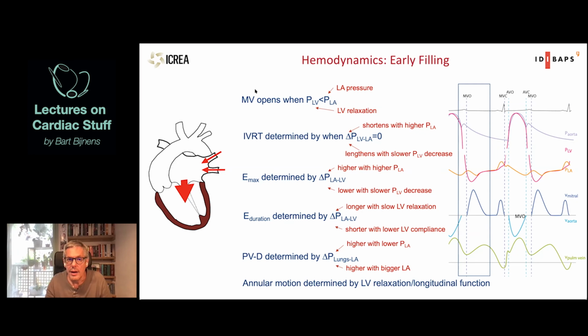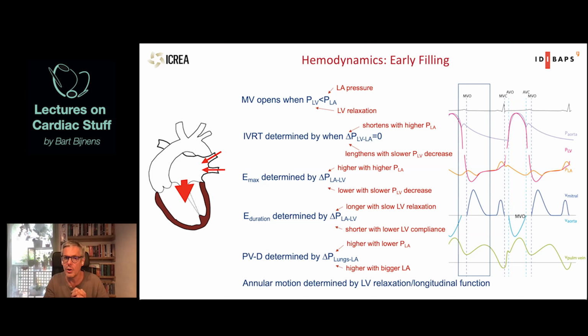The opening of the mitral valve, and partially the IVRT, is of course determined by the left ventricular pressure, so how quickly it can go down, and by the atrial pressure. Depending on the level of the atrial pressure, the mitral valve will open earlier or later. You will see that the mitral valve opens early when you have a very good ventricular pressure decrease, that means when you have very normal and very elastic tissue.